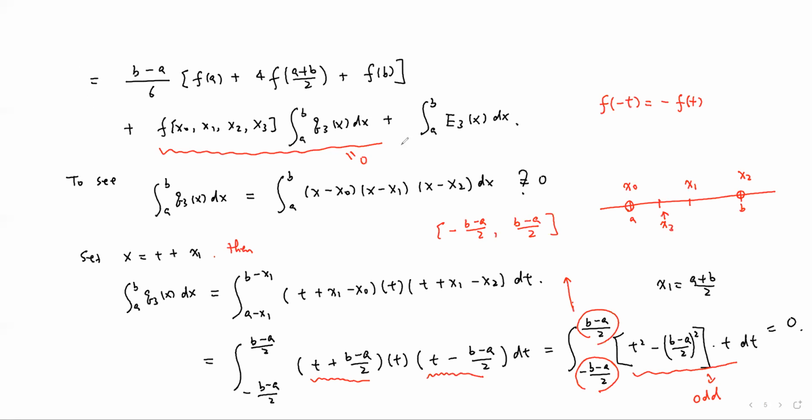The integral from a to b of f(x) is equal to this number plus 0 plus the error.